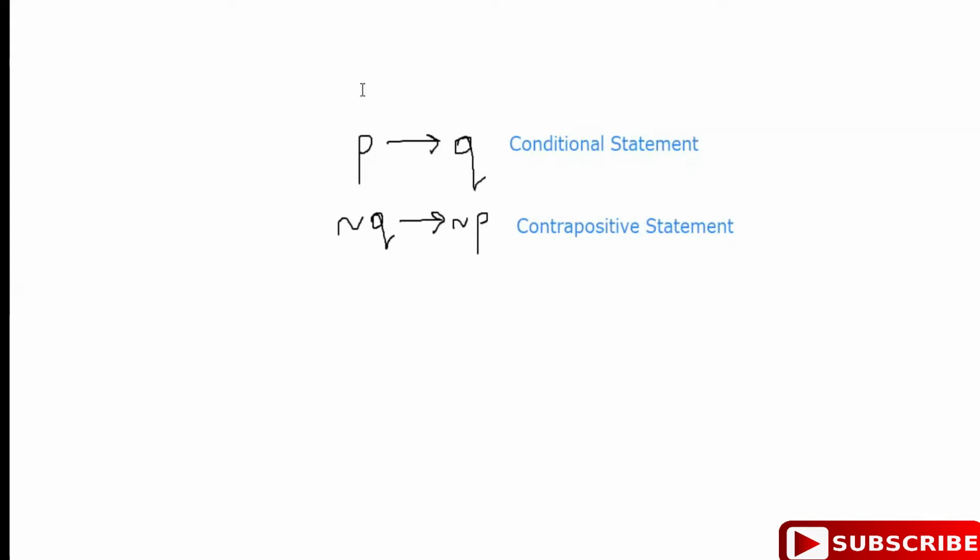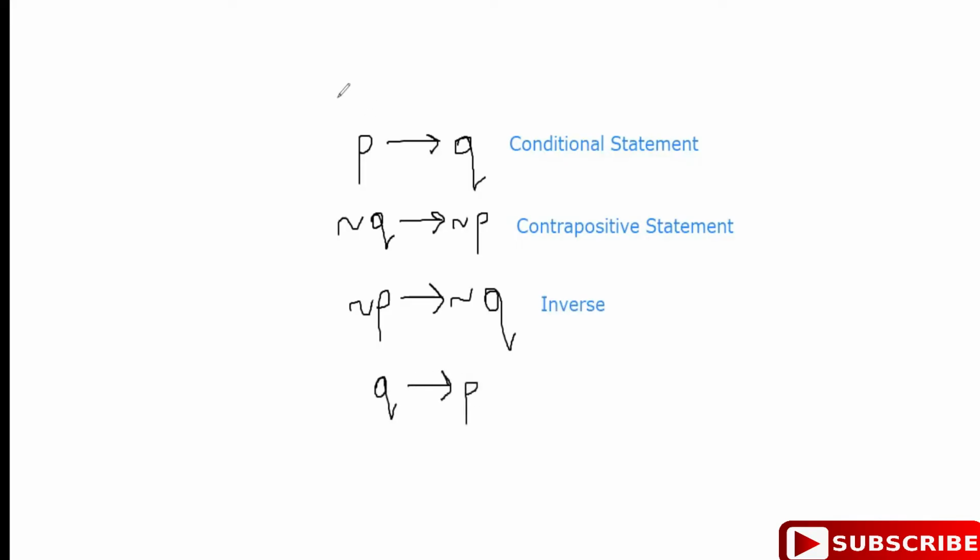All right, so I'm just going through all 4 of them that can come. Then you have not P implies not Q. This one is known as the inverse. This was the one they were asking for. And the final one is Q implies P. What is Q implies P?